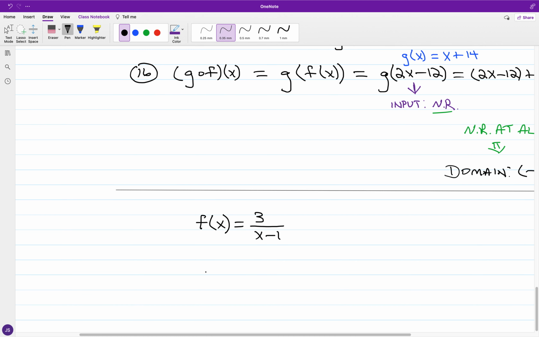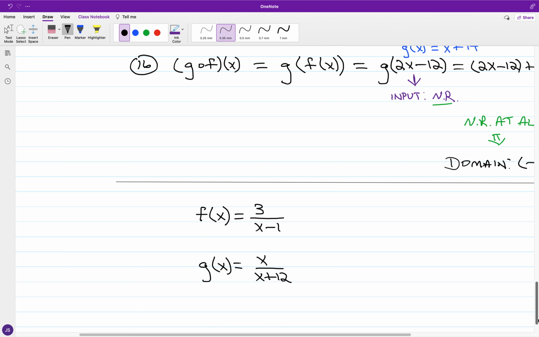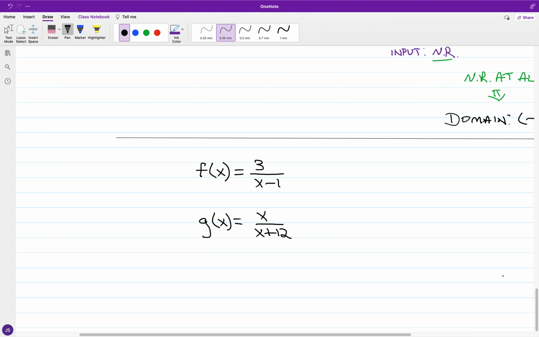And for g of x, we have x over x plus 12. And again, for the following domains.